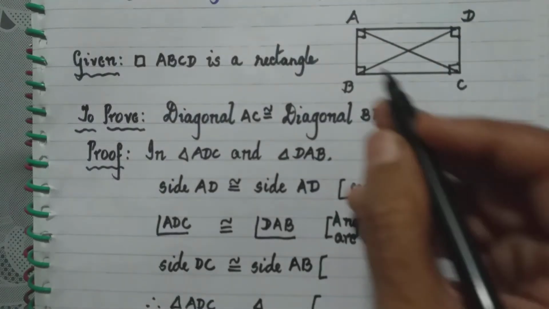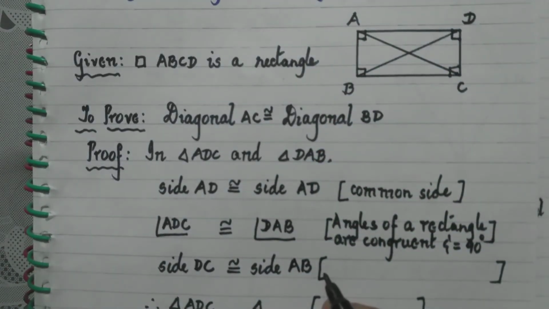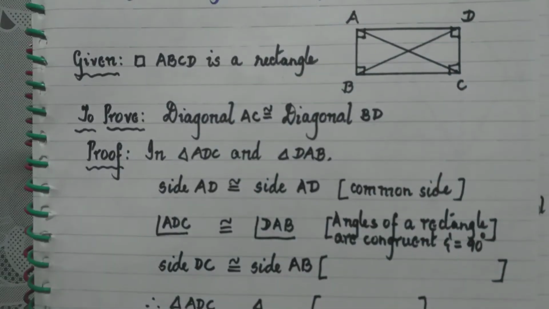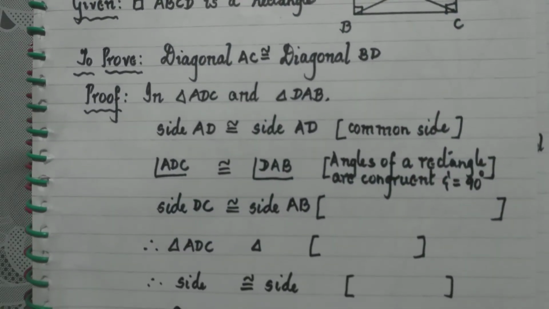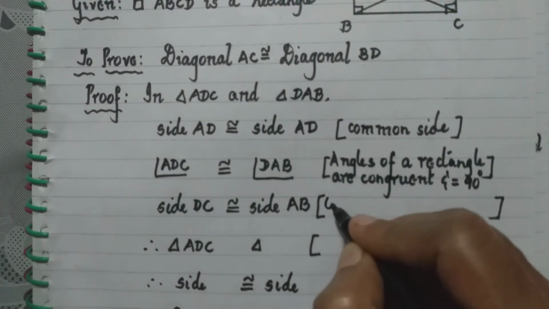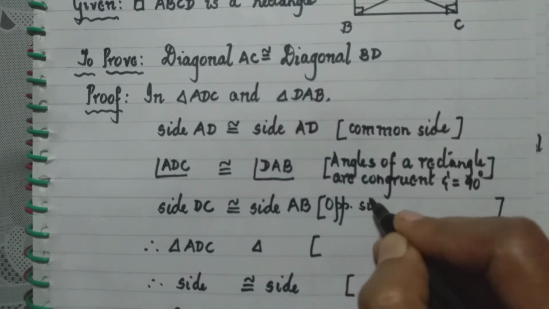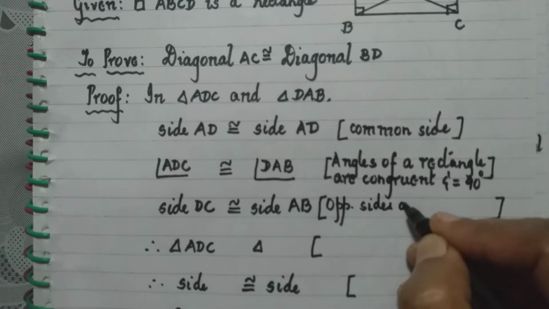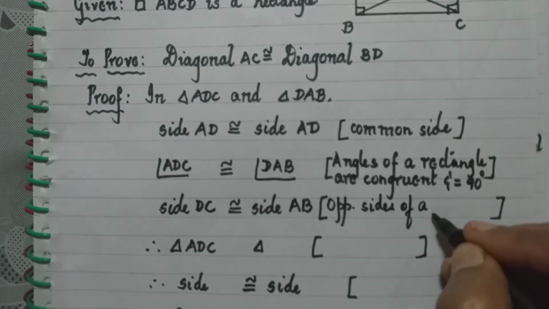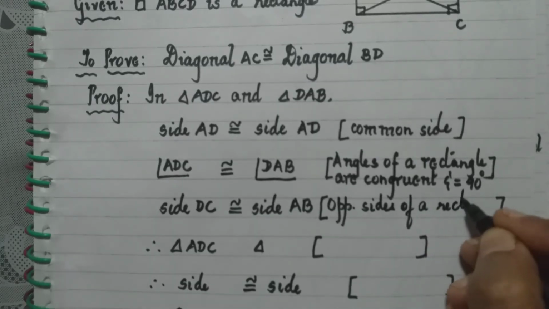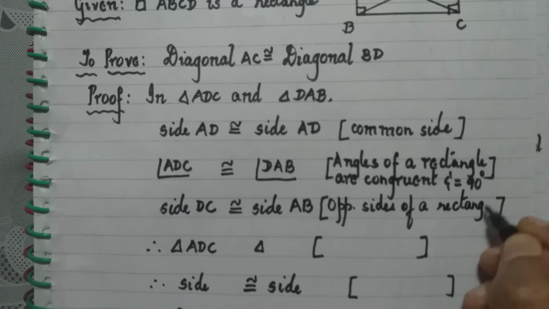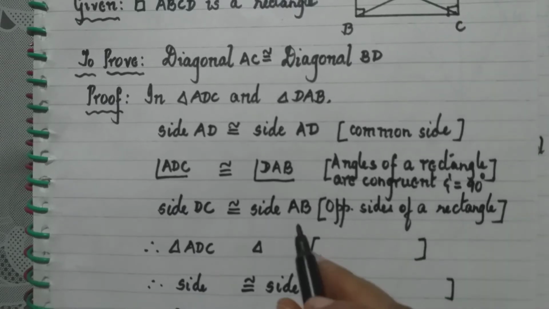Why are they congruent? Because they are opposite sides of a rectangle. And we know that the opposite sides of the rectangle are congruent.